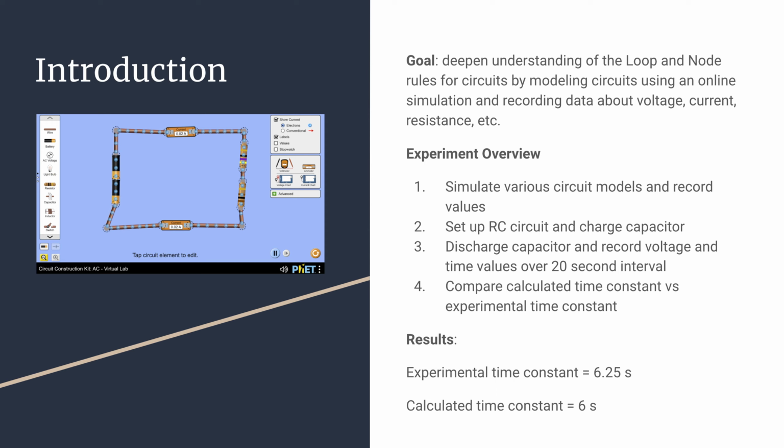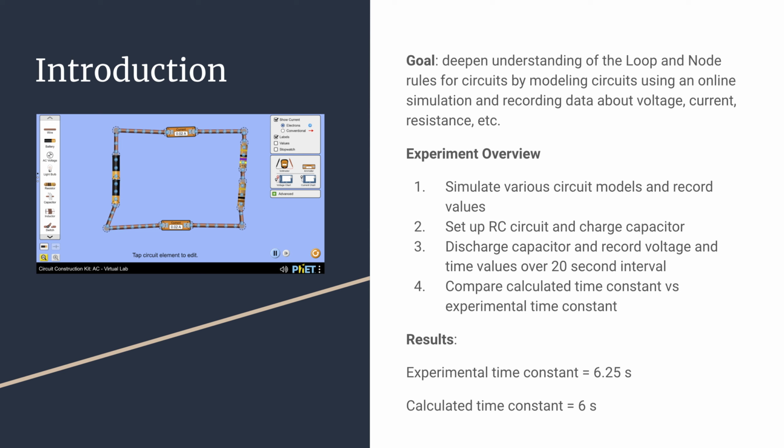node rules for circuits by modeling various circuits in an online PhET simulation and recording data about voltage, current, and resistance. We simulated various given scenarios in the simulation, like the one shown on the left, to examine the relationship between voltage, current, and resistance, and then we looked at an RC, or resistor capacitor circuit, and took data on the voltage over time as the capacitor in the circuit discharged to calculate the time constant.